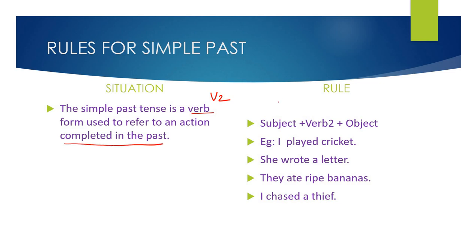Now there is a pattern that goes for the sentence. SVO is the pattern that we use for writing sentences. Here I have given a few sentences in the SVO format. Let's go through it and understand the verb form that is used in all these sentences.